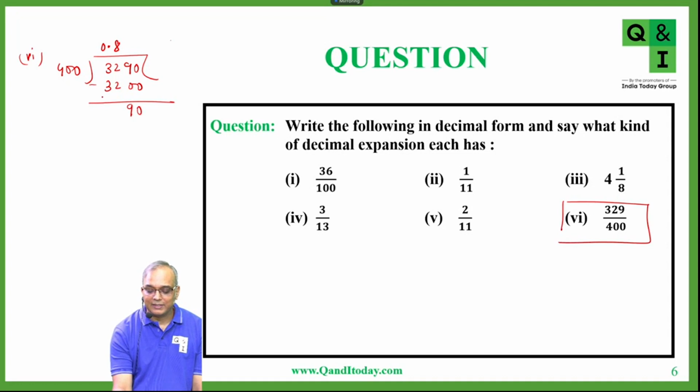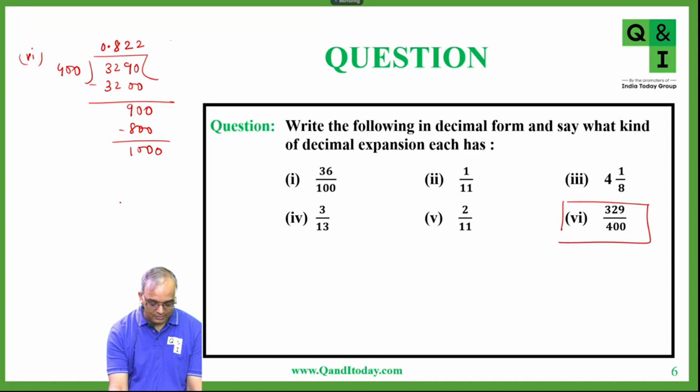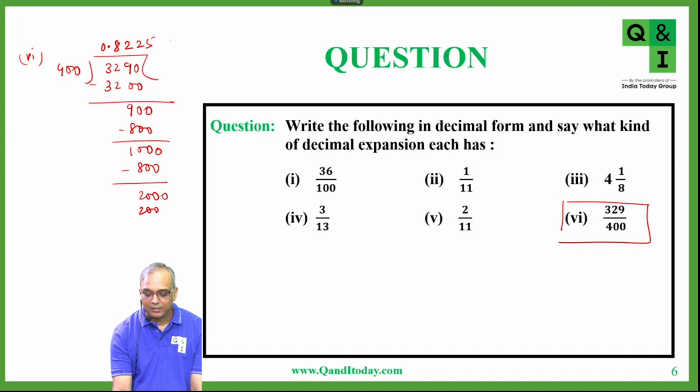We'll have 90 because there is a decimal, 900. 400 times 2 is 800. We have 100 because decimal this is 1000. 400 into 2 is again 800. Now we have 200 here and then 2000. So 400 into 5 is 2000.